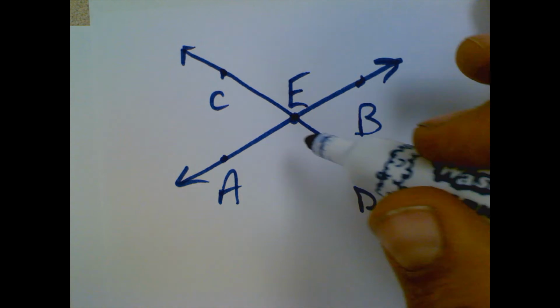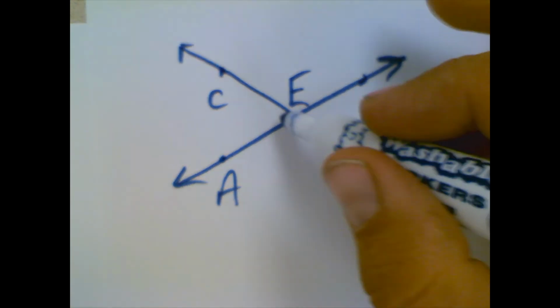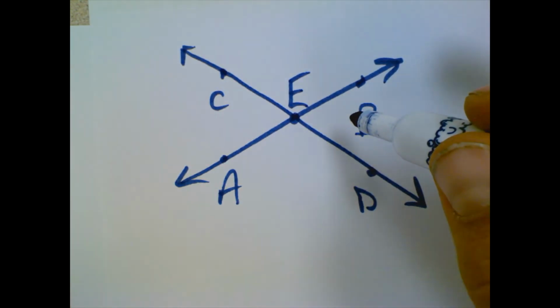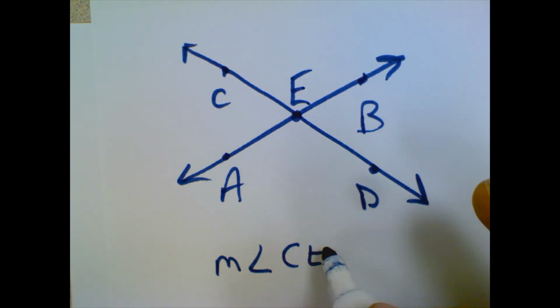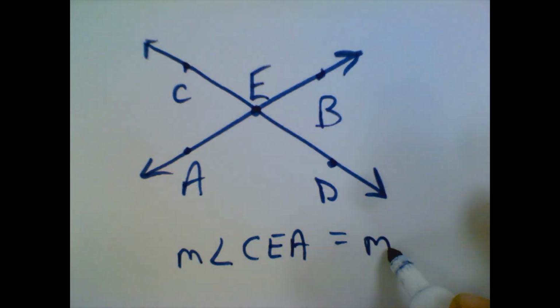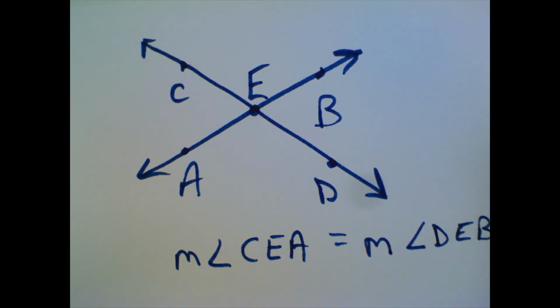So vertical angles are the angles that are formed when you intersect 2 lines, the angles straight across from each other. And if you remember from geometry class, those are congruent angles. So the measure of angle CEA is equal to the measure of angle DEB. So for example, let me look at an example in your book.